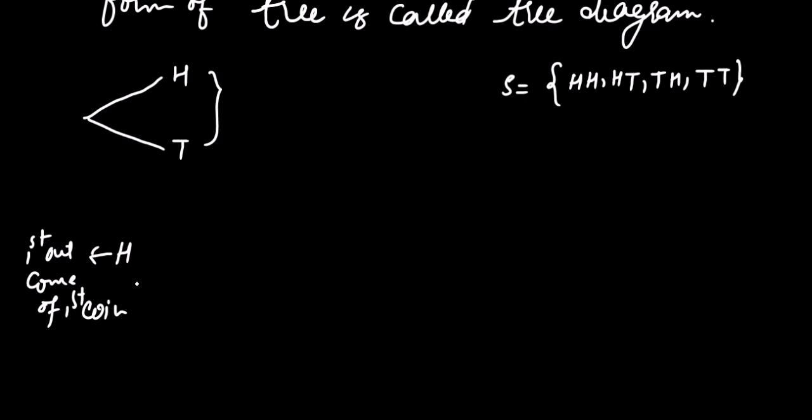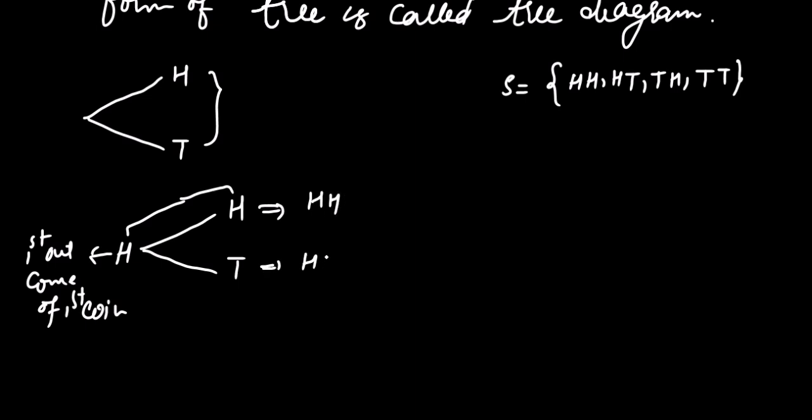Now from here, we will draw two branches for the second coin. On the second coin, there are also two possible outcomes. Either it will be head or it will be tail. When you combine both of these outcomes, the first outcome is head head, the second is head tail.